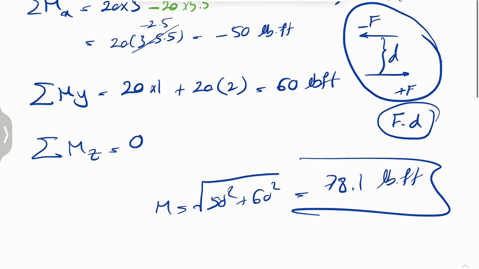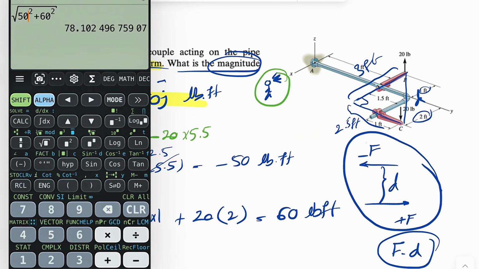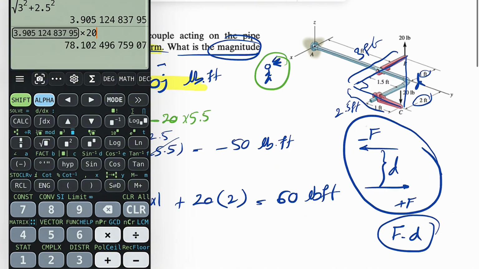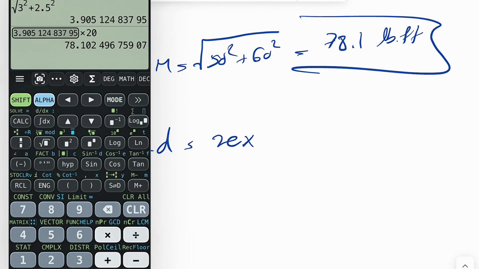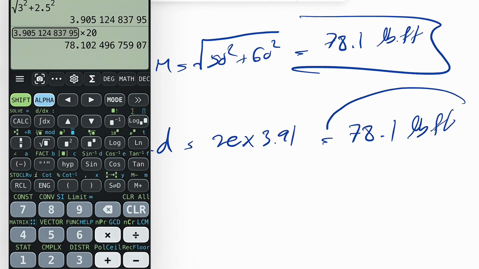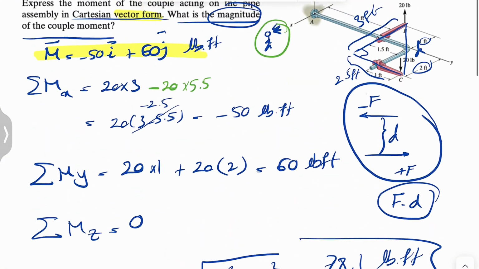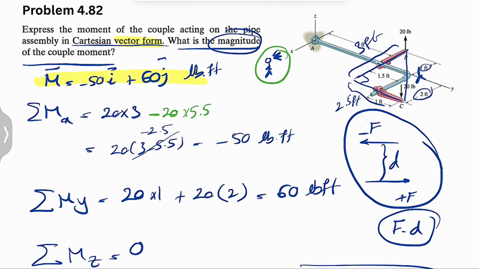F is 20, and d is the hypotenuse of that triangle, so we do the Pythagorean theorem: 3 squared plus 2.5 squared. That gives 3.91, and we multiply this by 20, which gives us 78.1 pound-foot, the same as what we found in the previous method. So that's also applicable in 3D questions too.